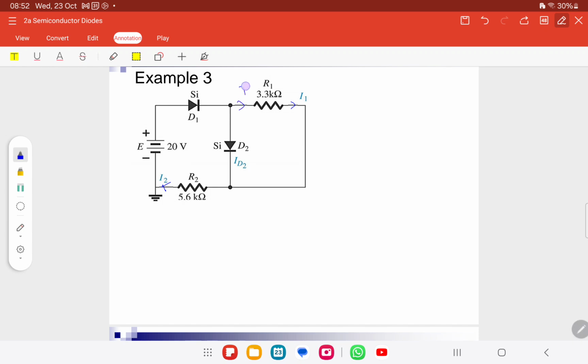This is I1. Or we can also draw, the same, right? This is D2, this is D1. Okay.